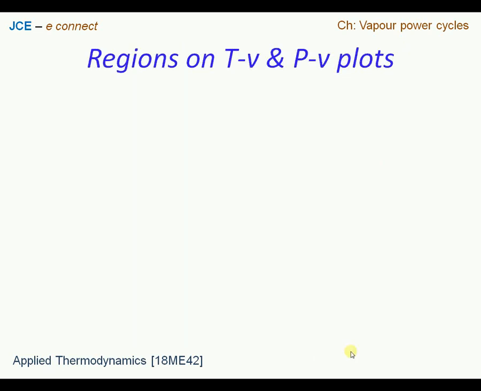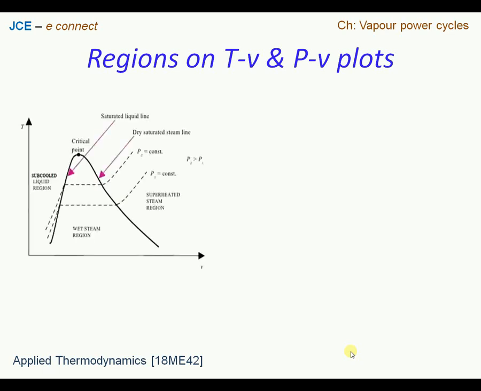So we were looking at two important plots. One is the TV plot, temperature versus specific volume, and we can see we have a saturation dome, and then we have identified that the apex of this saturation dome is called the critical point, where we have a critical temperature on the y-axis, and then we drop a perpendicular to the x-axis, then one can have the critical volume here, specific volume.